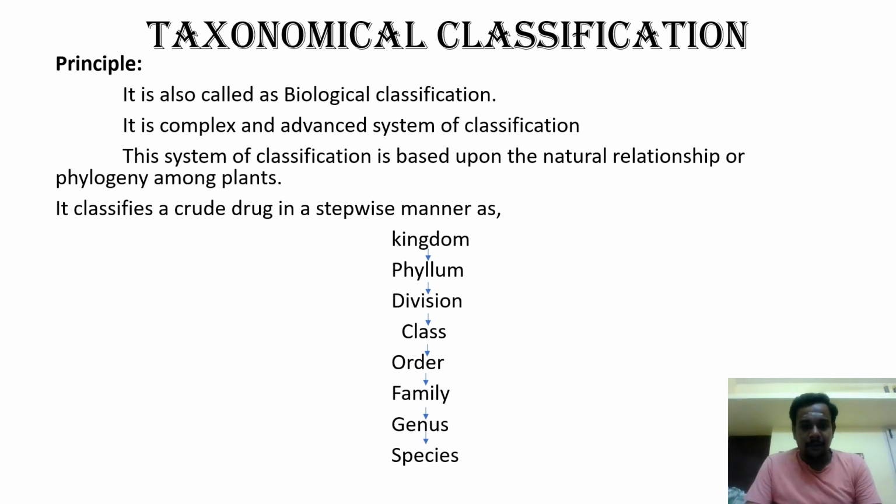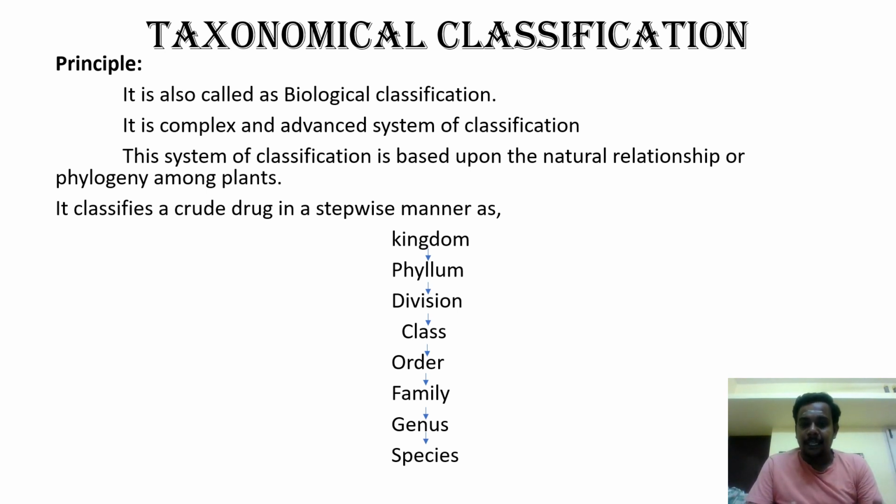Here the categorization of each and every plant will be done by these many characters, these many subtypes, which are kingdom, phylum, division, then class, followed by order, family, genus, and then species, right?